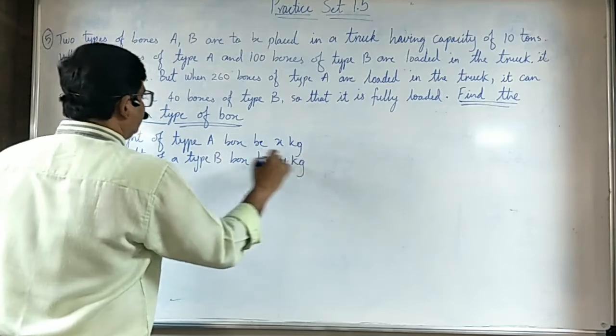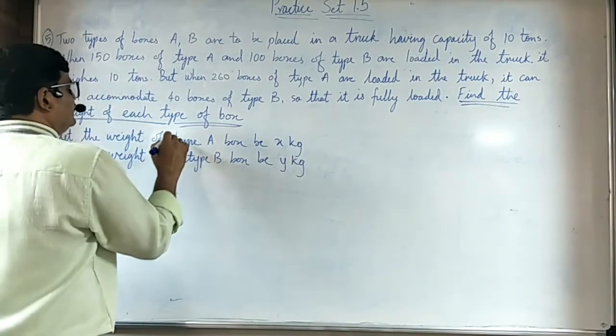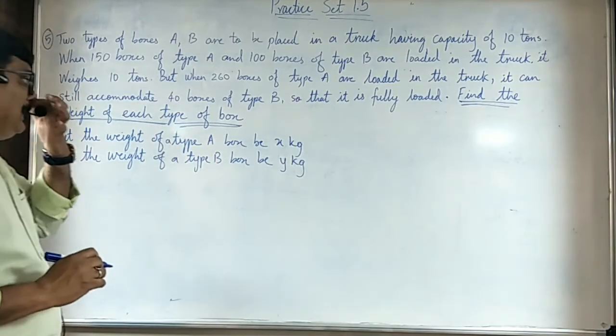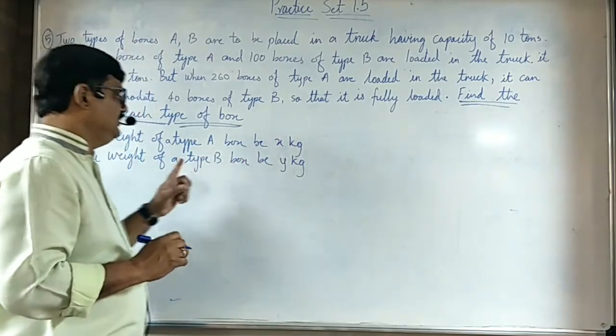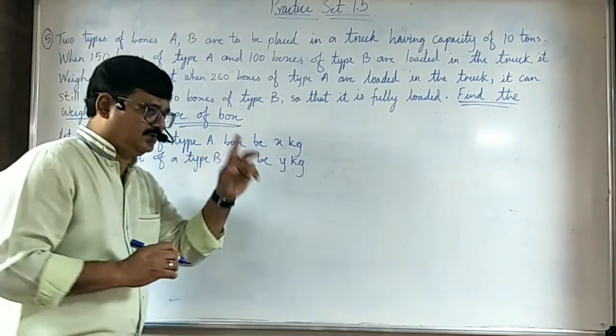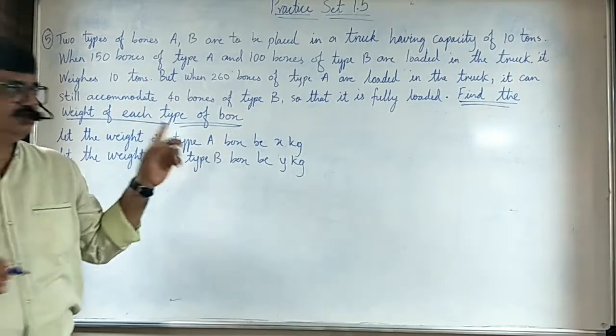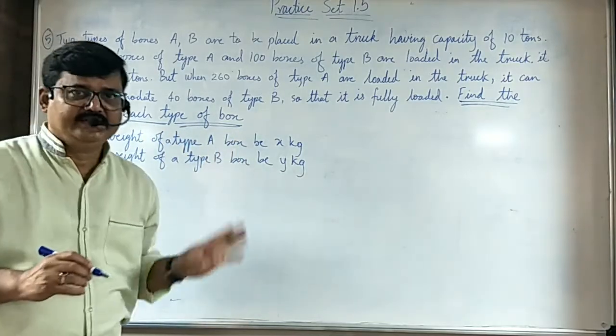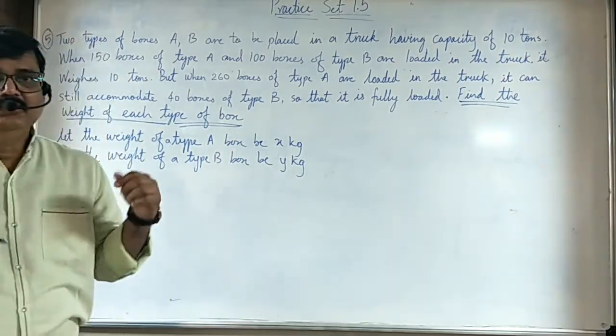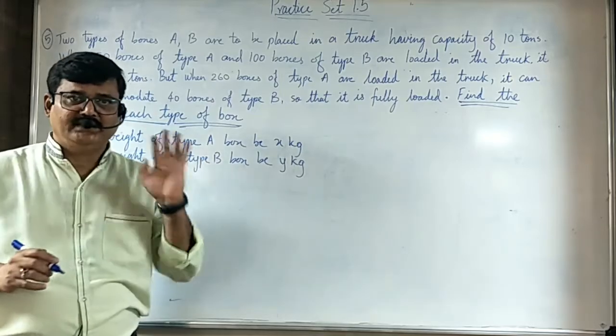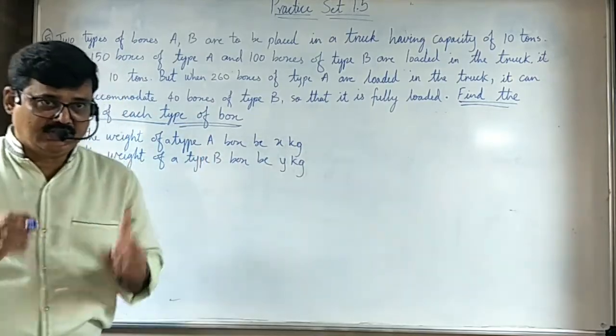Now remember this Y kg. That means let the weight of one box of type A be X kg and let the weight of one box of type B be Y kg. Remember this, I kept it in kg.